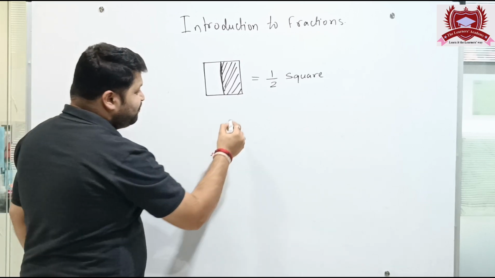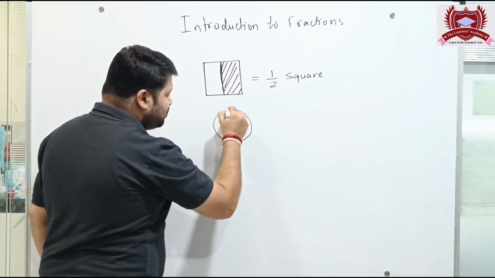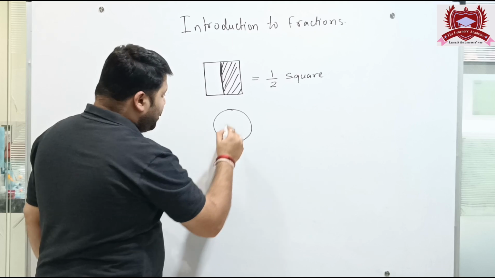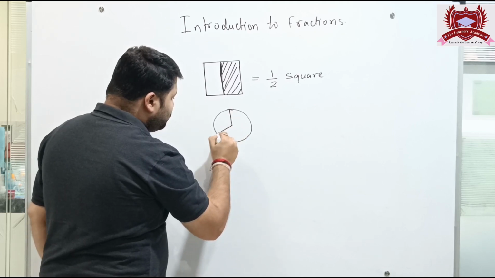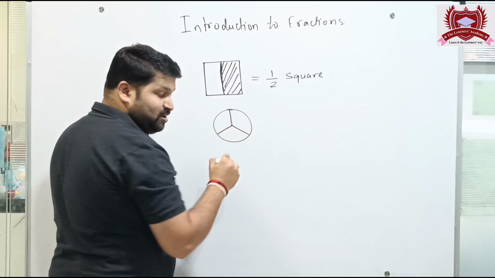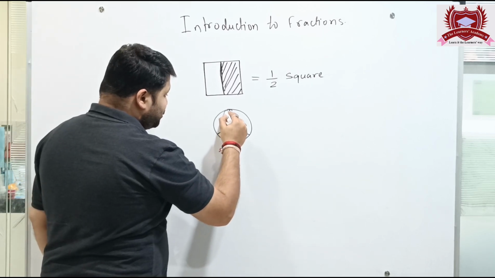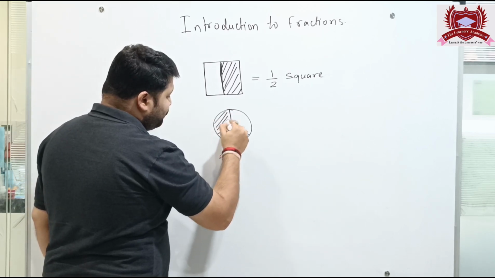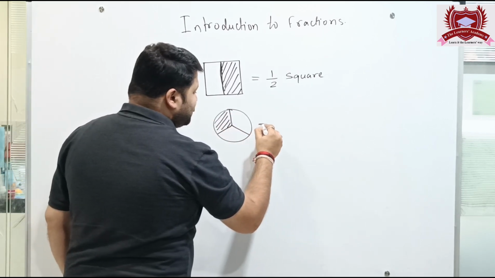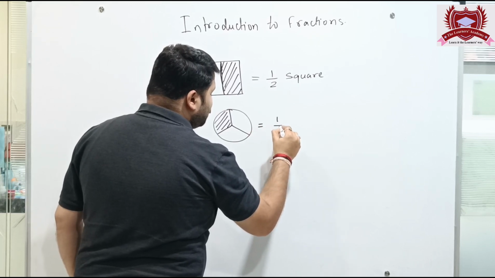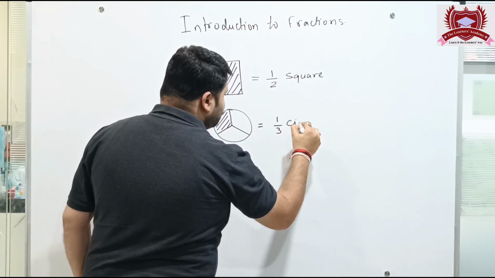Same way, if I have a circle and I divide it into 3 equal parts and I shade one of them, I can say that it is 1/3 of the circle.